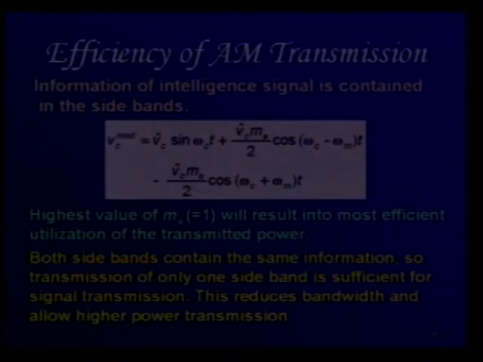What is in your hand in transmission is to utilize it optimally and get the maximum benefit out of it. So you can send only a single side band, reduce the bandwidth, as well as pump in more power towards one side band, so that you have a better signal. So this is the way we can talk about the efficiency of any amplitude modulation transmission.